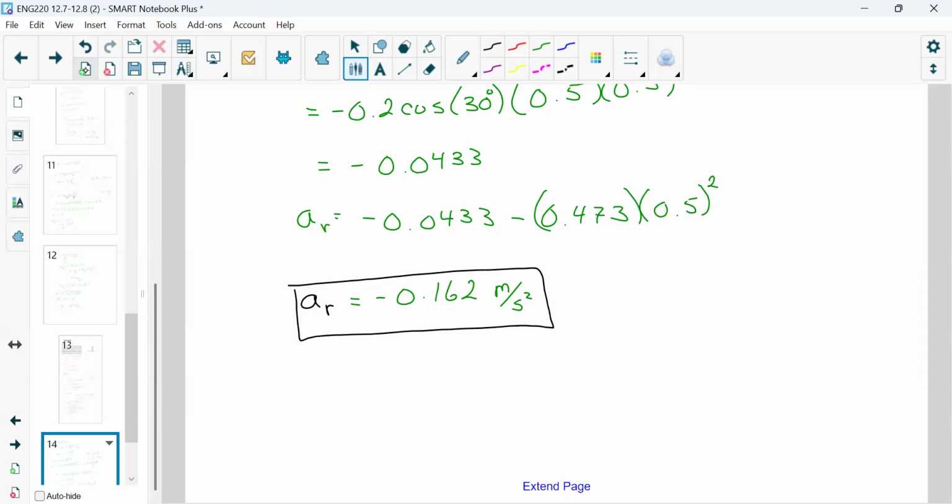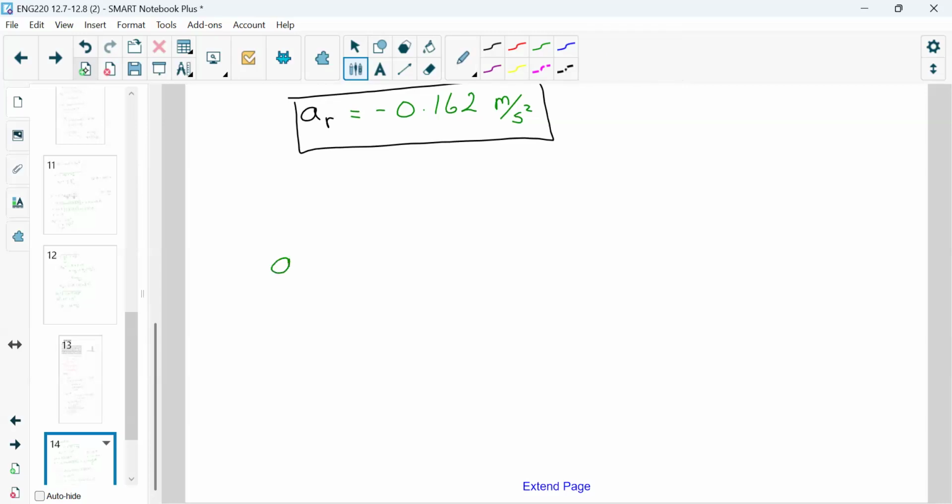Let's now go ahead and find our a sub theta. That's r theta double dot plus 2 r dot theta dot. The first term very nicely goes to 0 for us.